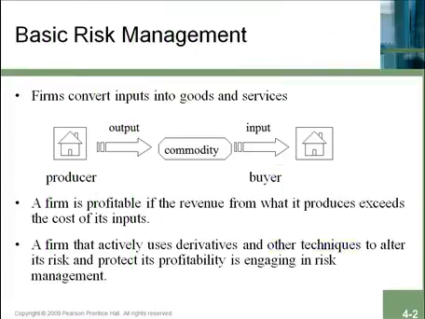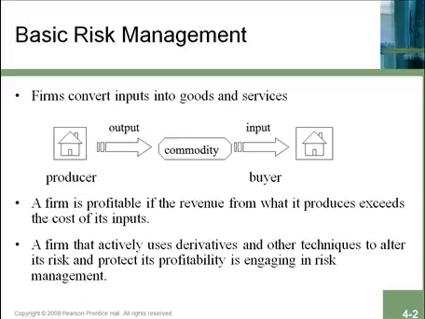With any firm, the profit is measured essentially by the revenues that it collects from what it produces minus the cost of its inputs. And of course, the higher the revenues and the lower the cost, the more profitable the company will be. Now, sometimes the revenues or the cost might be dependent on the price of a certain commodity.